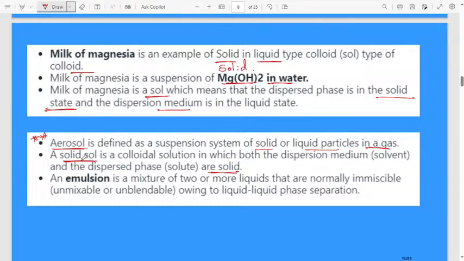Even the name itself indicates solid sol. For aerosol, the dispersed state may be solid or liquid, but the dispersed medium will be gas.